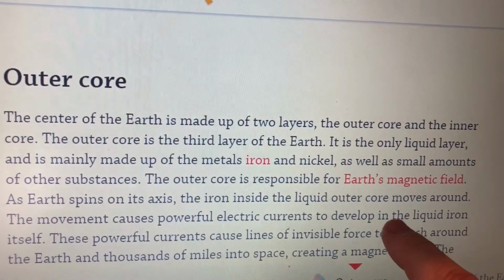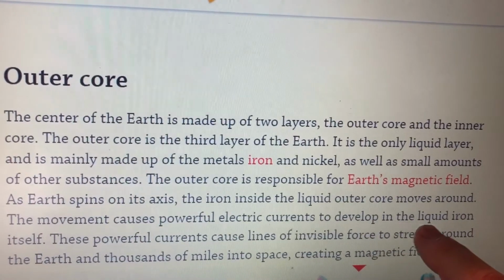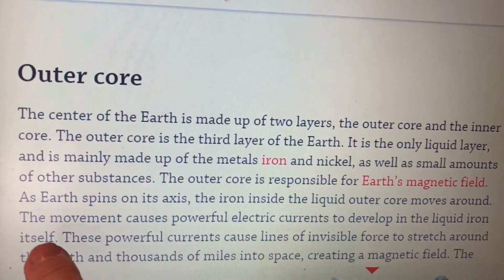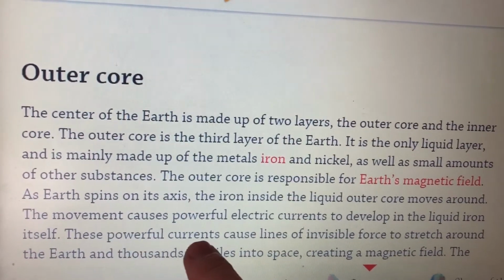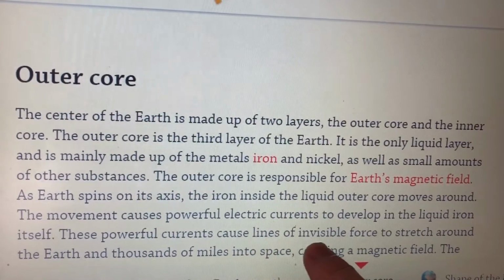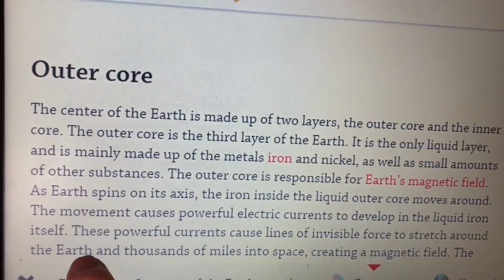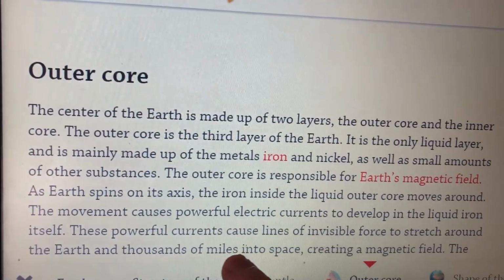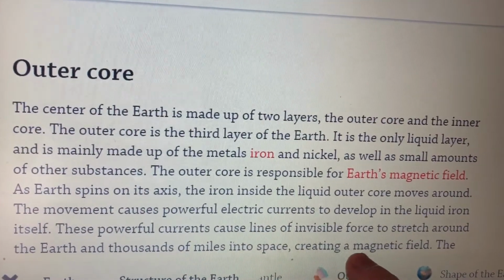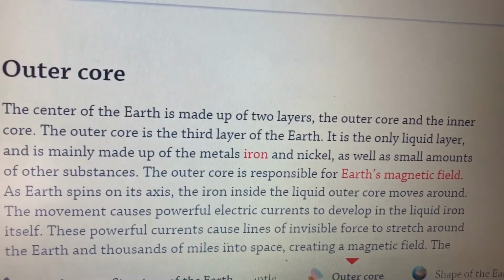Wait a minute, that didn't make any sense. In the liquid iron itself, these powerful currents cause lines of invisible force to stretch around the Earth and thousands of miles into space, creating a magnetic field. So what are some things that we can write about the outer core?